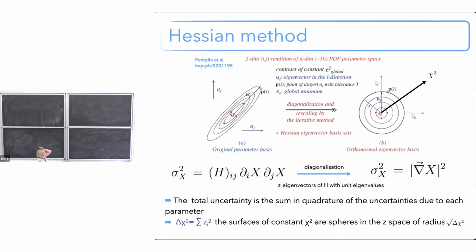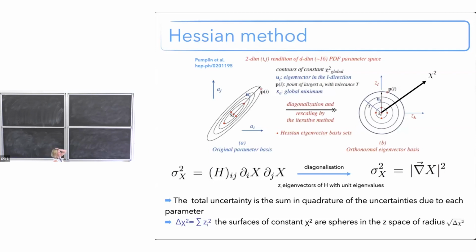So basically, if you are interested, this is explained in all details by Pumplin et al. So you take the original parameterization, you diagonalize, so it gets a kind of nice circle. And then in the diagonal space, you find your minimum. And then you define this surface where the Hessian matrix is equal to something, okay?